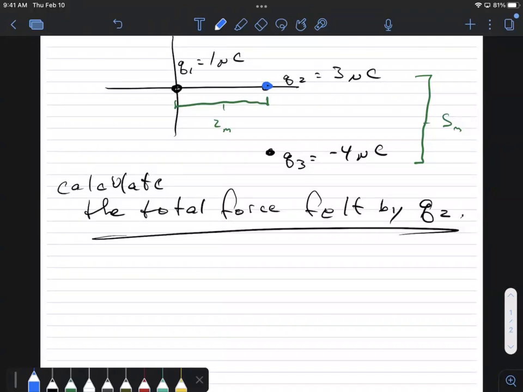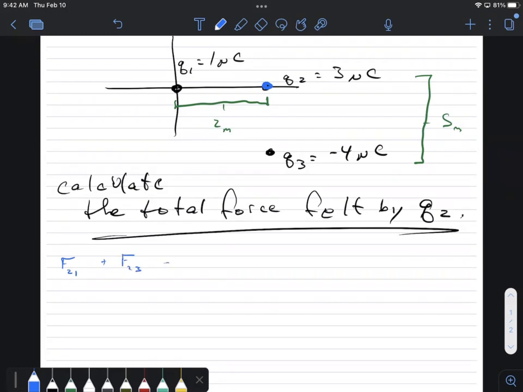But like I said, this isn't always true. Sometimes you have to have a more complex way of figuring it out. Thankfully, with this particular topic, we don't have to worry about it. So if that's what I'm going to do, I'm going to figure out what's the force on 2 due to 1, and I'm going to add it to the force on 2 due to 3.